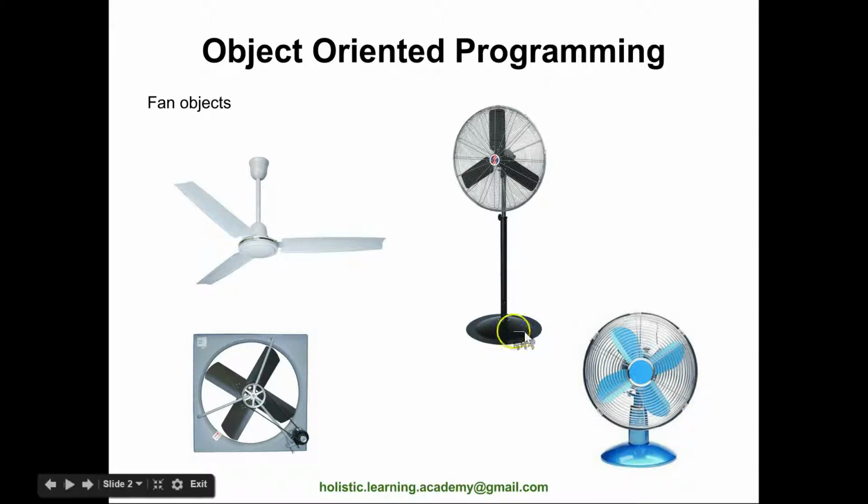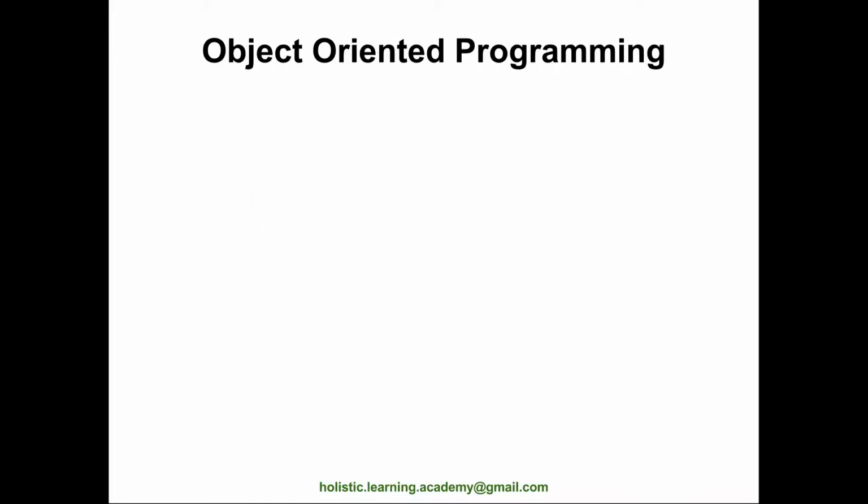Okay, this I believe is called a floor fan. I don't know the exact name. But as you can see, there are different kinds of objects that exist in nature. And Java objects are basically an abstraction over real world objects. Alright, so now let's see how we can represent these objects in Java.